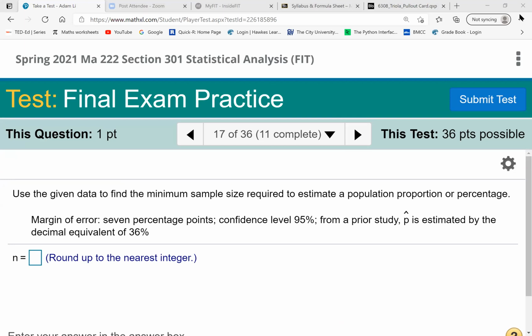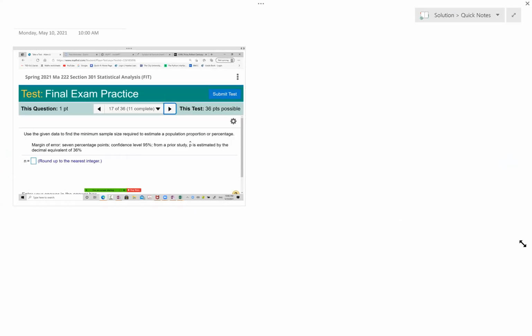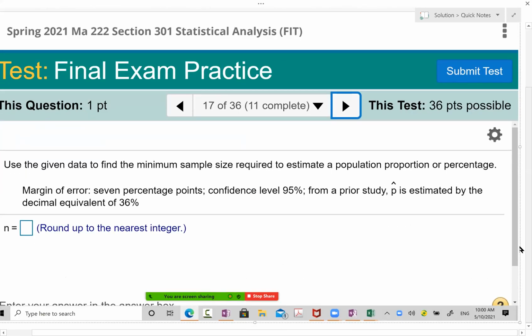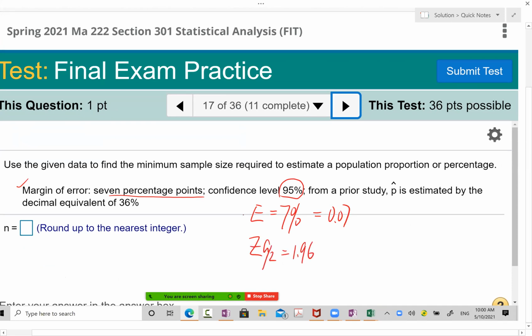Now list all the information we have here. So margin error, 7 percentage points. So margin error equals 7%. So that's 0.07. Okay. Confidence level is 95%. So the critical z-score is 1.96.